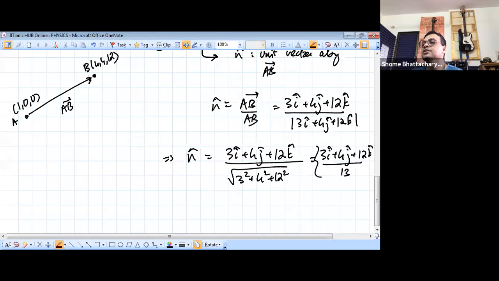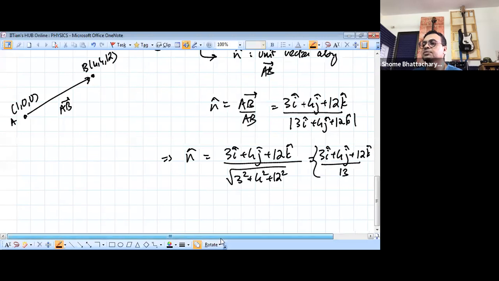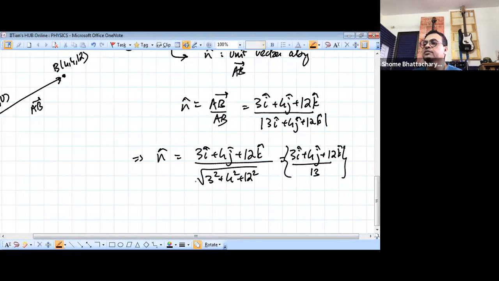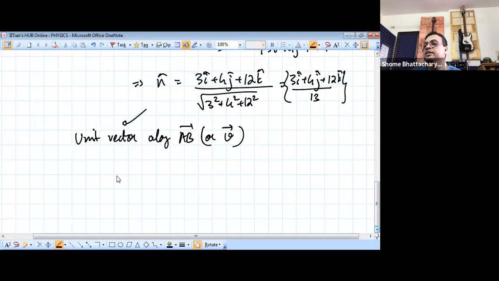So this is my unit vector along the line AB, or that is the same thing as the unit vector along the velocity. Okay, so this is the unit vector along AB. So now what is my velocity vector becoming? It is becoming speed multiplied by that unit vector.